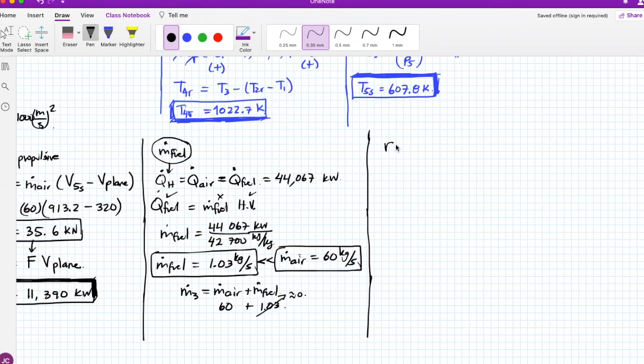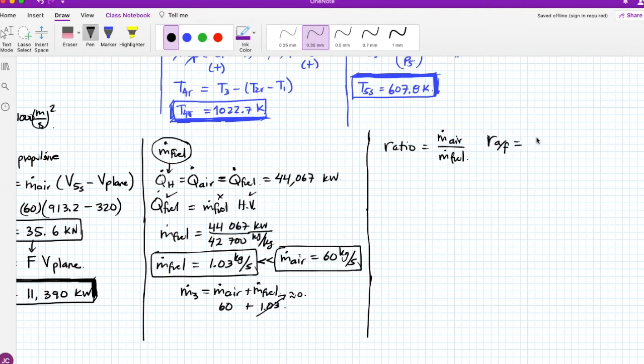There is a ratio. If you put the mass flow of the air divided by the mass flow of the fuel, this is called the air fuel ratio, and it's important for this type of combustion engine.